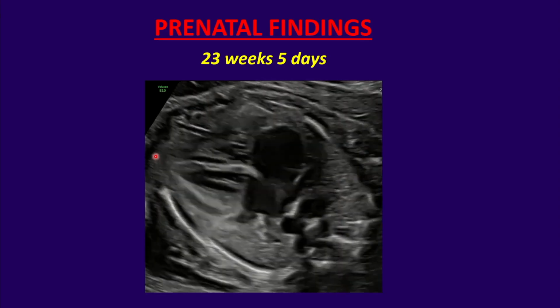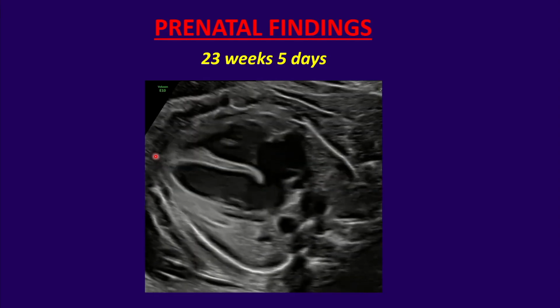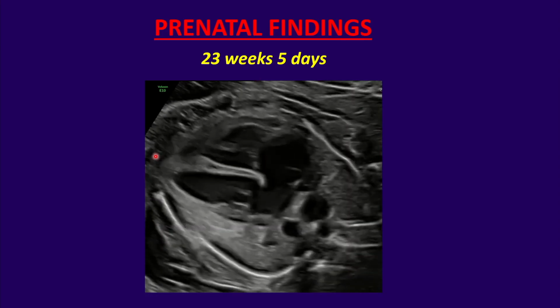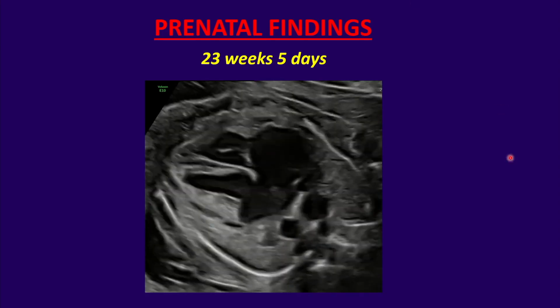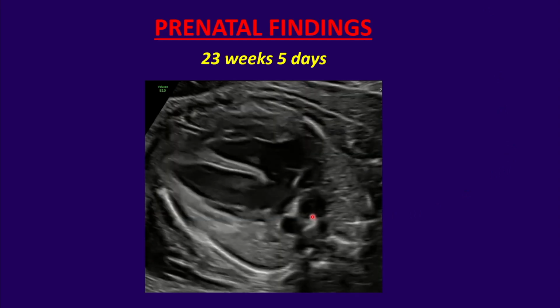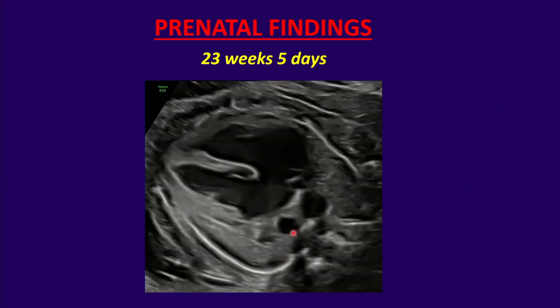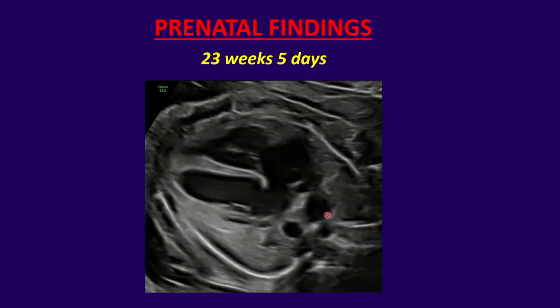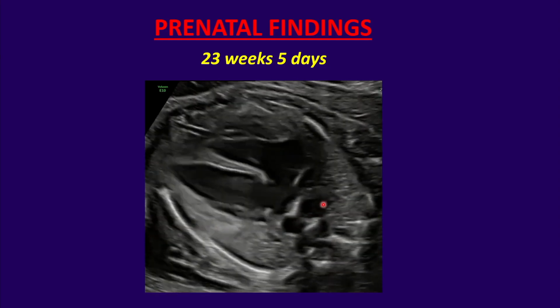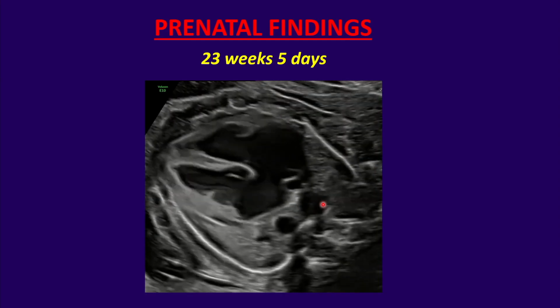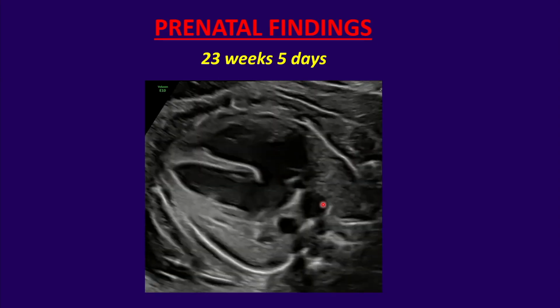So any other changes other than just a big heart? Anything else we can recognize here? Very good. Yes, so there is a vessel on the right in the chest. This is the descending aorta, and this is a huge structure, it seems pulsating, it seems that it's vascular. So this is a typical place where the azygos vein will be found.